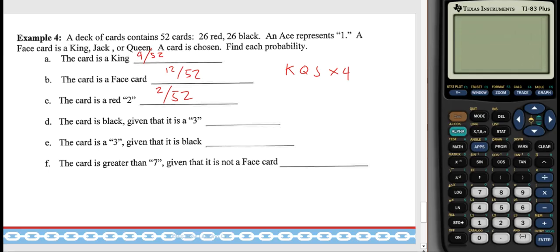For example, D, the card is black given that it is a 3. So there are 4 3s in a deck, and 2 of those then would be black. So a 2 out of 4, 1 out of 2 or 50% chance. For example, E, the card is a 3 given that it is black, right?